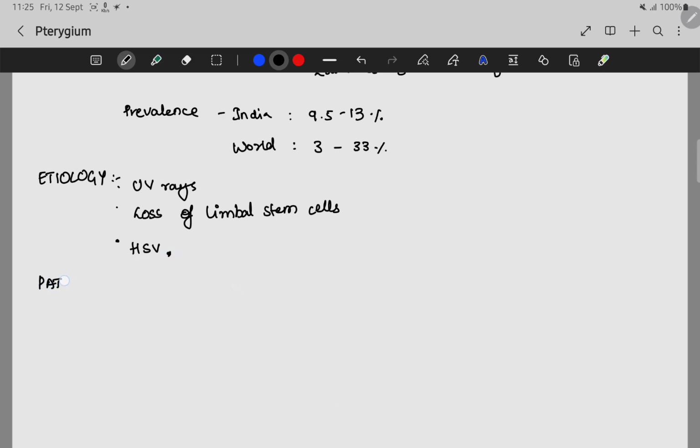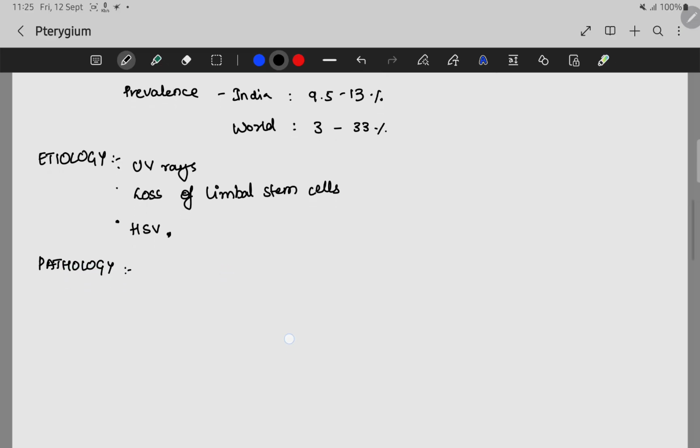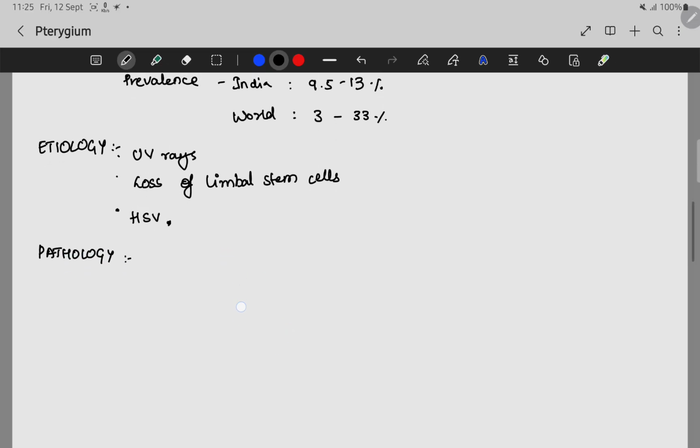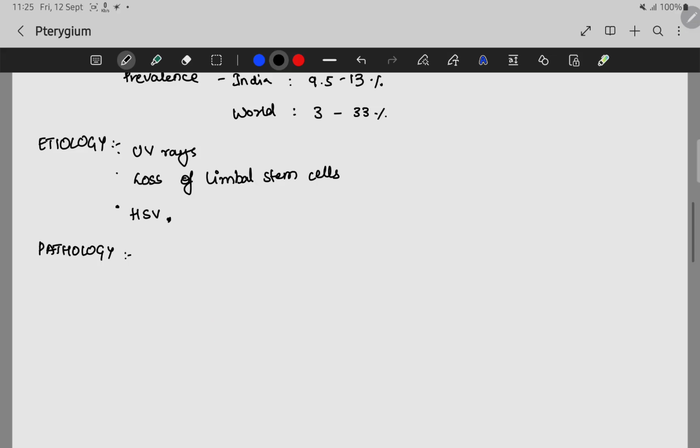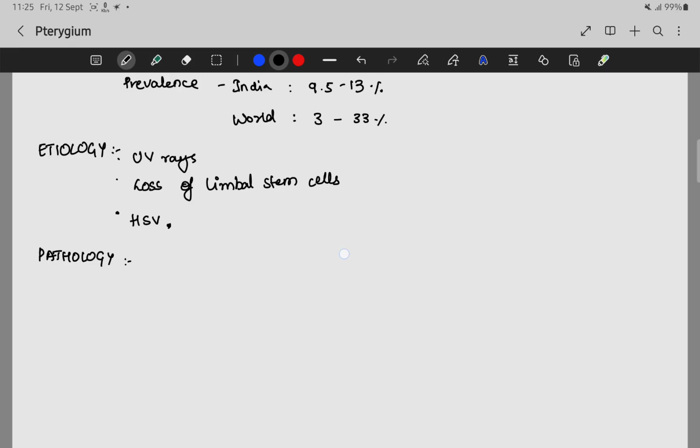And in the pathology, as we said, there is degeneration along with hyperplasia of the conjunctiva. So the subconjunctival tissue undergoes degeneration as well as proliferation, right?